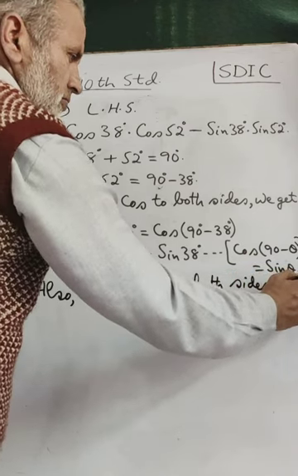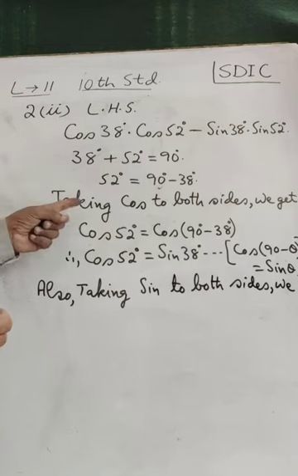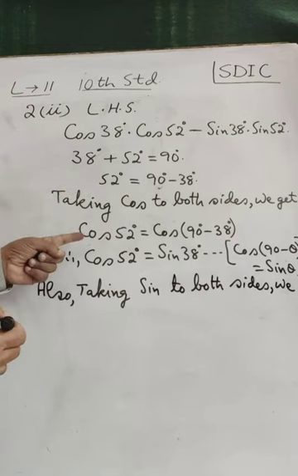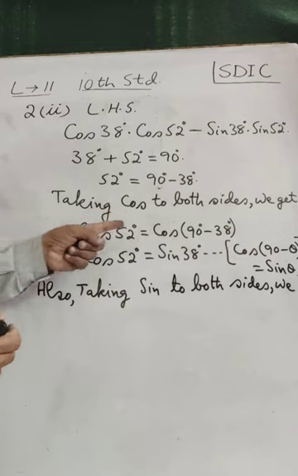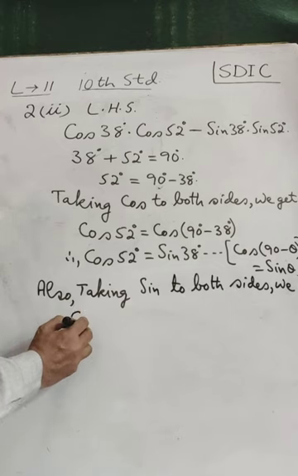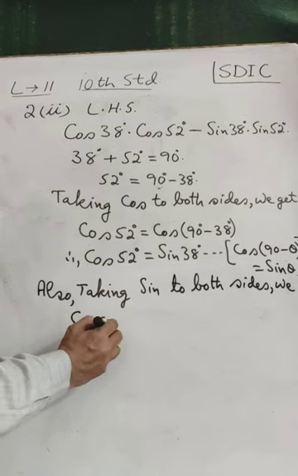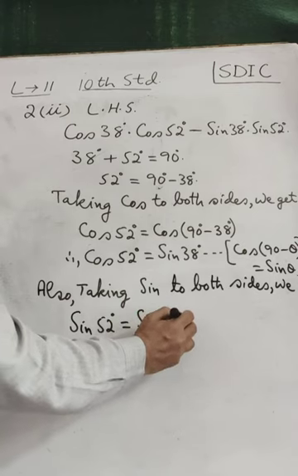Now this time it will become sine 52. Earlier we wrote cos 52 because we had to take cos on both sides. This time sine will be written. It will be sine 52 degrees is equal to sine 90 minus 38.